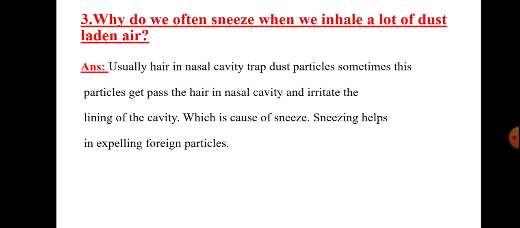Sometimes the dust particles move inside, pass the nasal cavity and irritate the cavity. At that time the sneeze is formed.